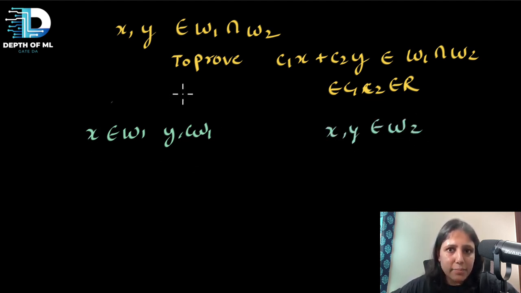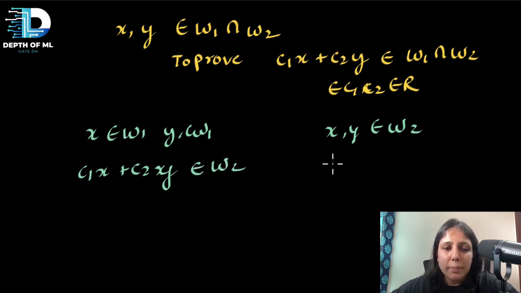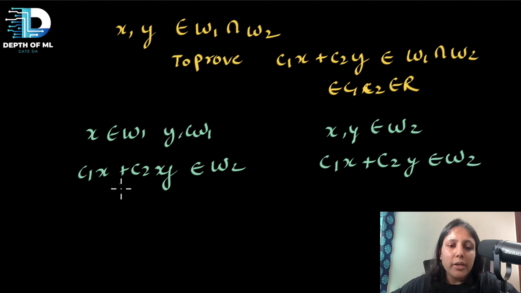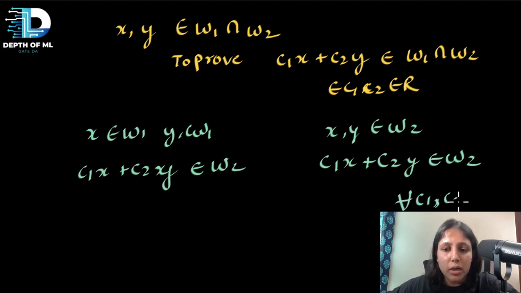Because this is a valid subspace, it means that C1x plus C2y also belongs to W1. Similarly, I can write here as well that C1x plus C2y also belongs to W2, right? So now this particular vector can be any combination, right? I have not defined any C1 and C2. I'm saying for all C1 and C2 that are in R, this is true, right?